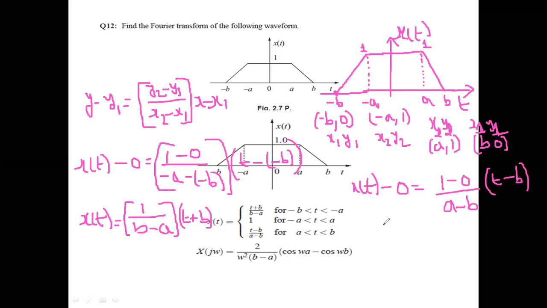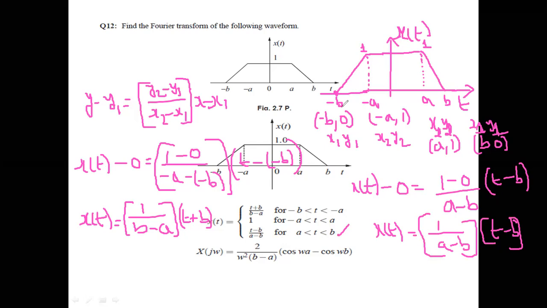Okay, my dear students, now x of t is equal to 1 by a minus b, whole multiplied with t minus b. So now you can observe here t minus b by a minus b, the third one.